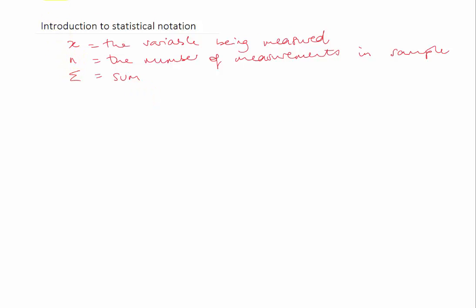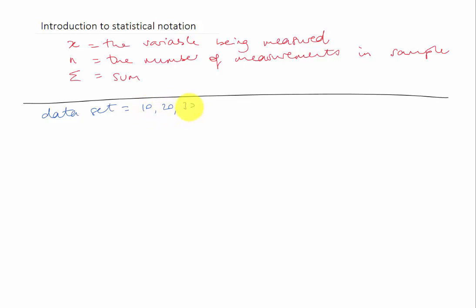Okay, I'm just going to talk you through an example here. So let's say we've got a data set which is, let's say, 10, 20, 30, 40, 50.